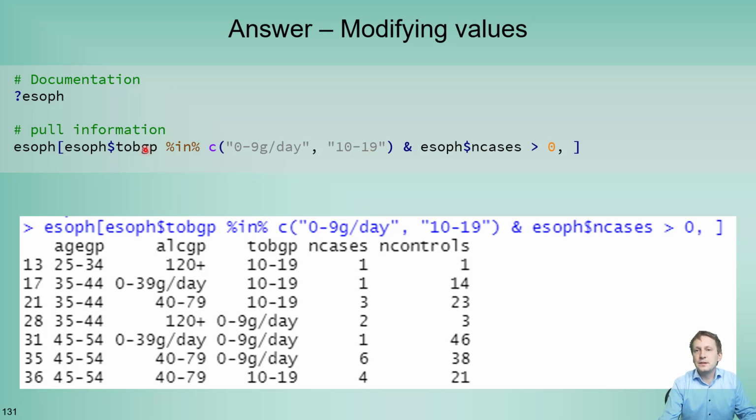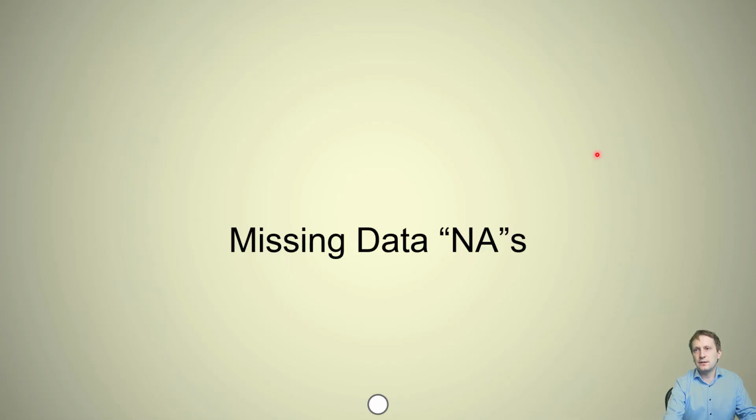Again, this variable here is basically a factor, and so we can then select both of these factor levels that were actually given in the instruction. And we can combine this selection with an n cases larger than 0. We have a blank after the comma because we want to select all of the columns from the dataset.